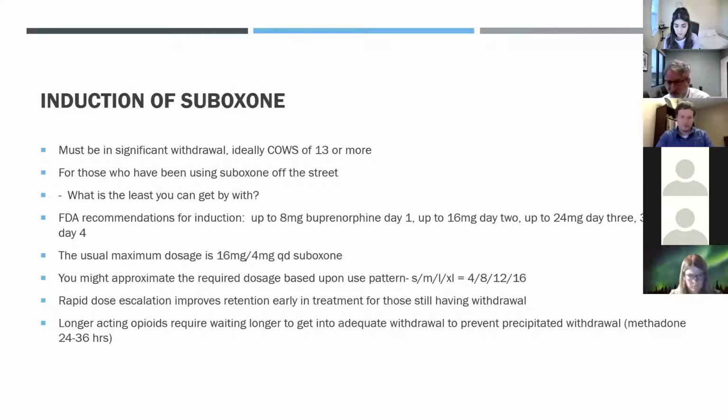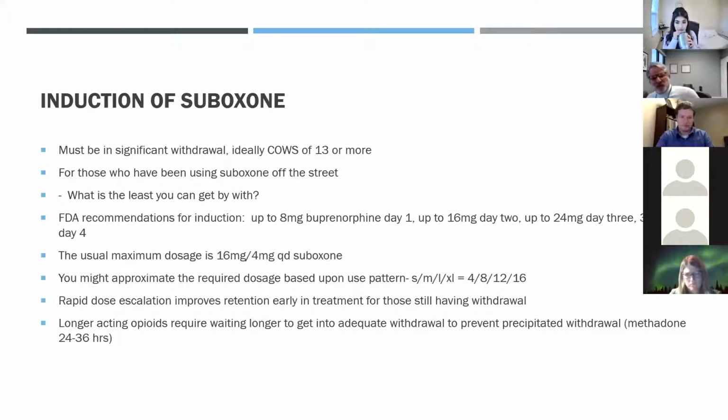Patients often have a pretty good idea. The majority of people who are using opiates have tried Suboxone on the street, and they're savvy about what they need to do to use Suboxone on their own. When Suboxone treatment first became available, we were very careful about inductions, and the important thing was to not precipitate withdrawal in patients who are physiologically dependent.